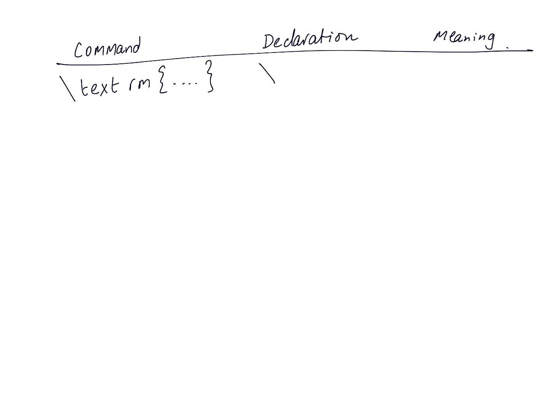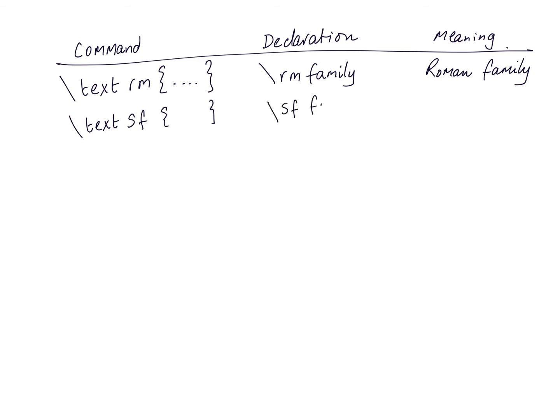So this is calling for the Roman family. And then if I did text SF, same thing, this is calling the sans serif family.